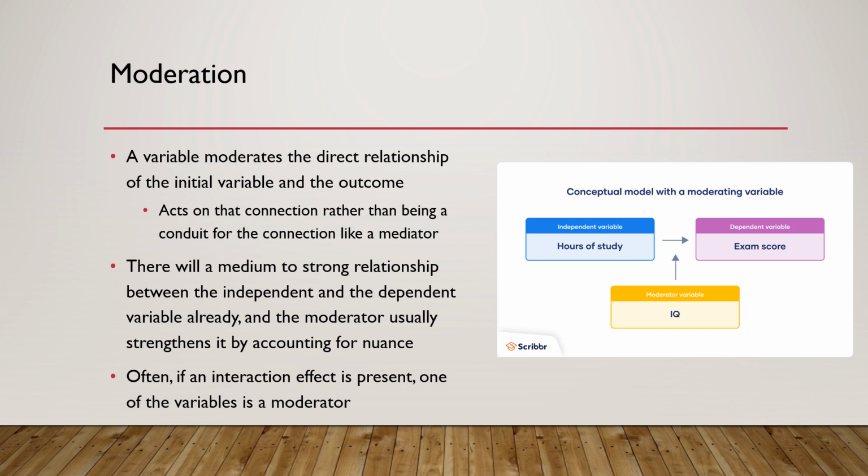Often, if there is an interaction present and it's pretty strong, one of the variables that's interacting is probably a moderator. It can depend, there are some different statistical ways to test which one is the moderator, but in general, when you see that cross in the graph, you've got a moderator somewhere.